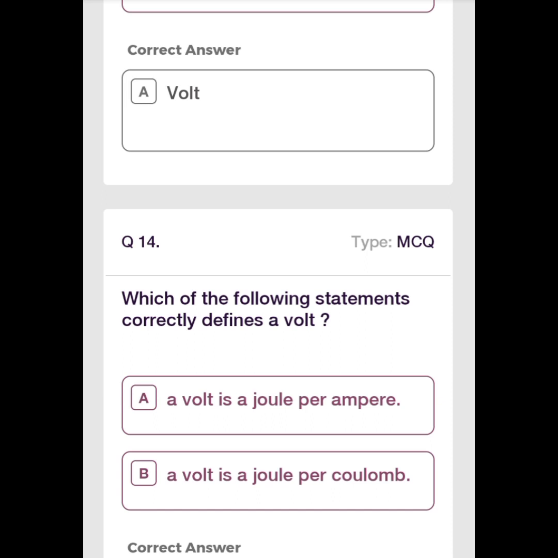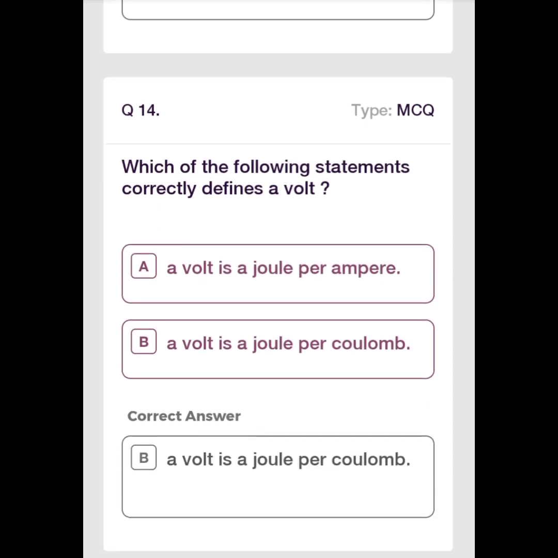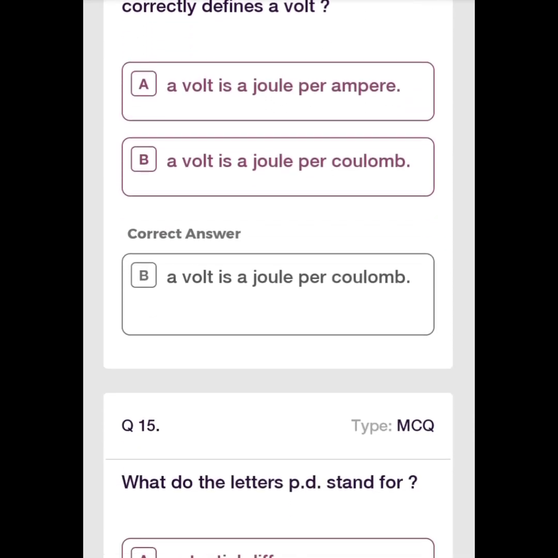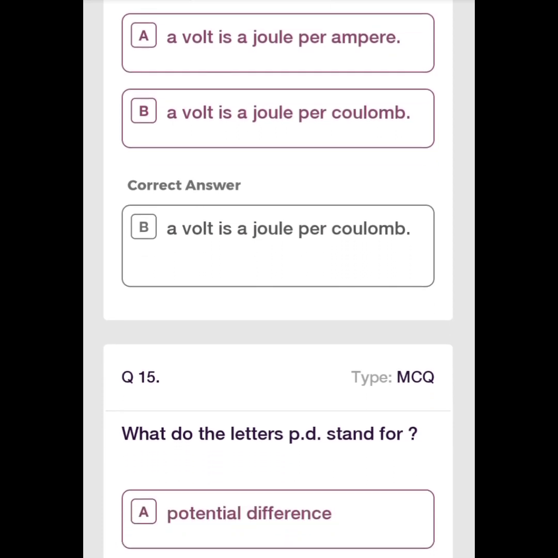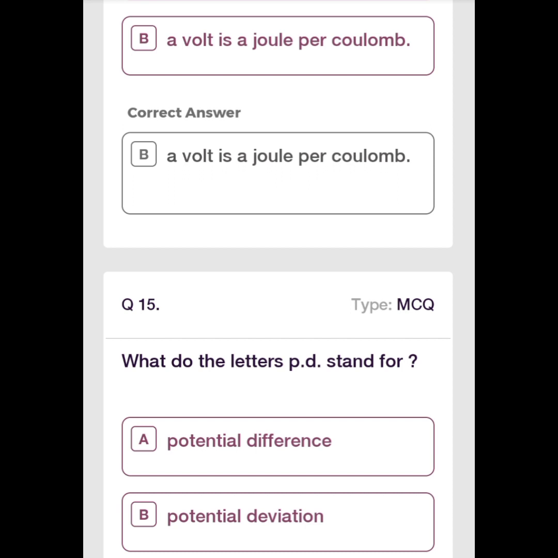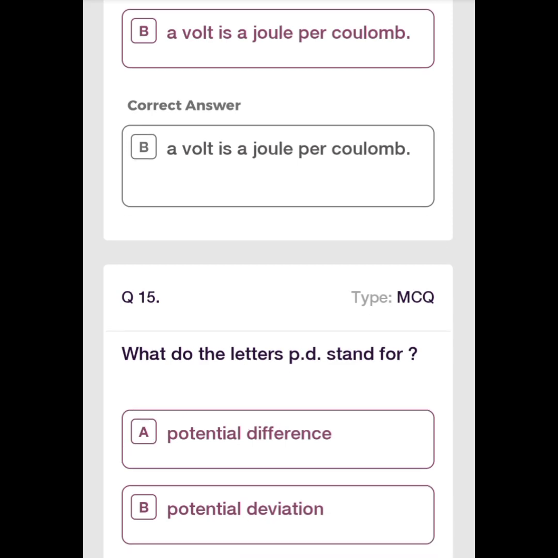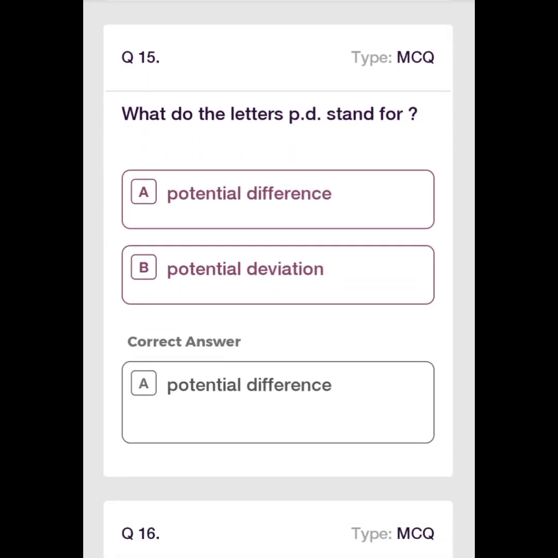Next. What do the letters PD stand for? PD means what? Potential deviation or potential difference? It is potential difference. Option A is the correct answer.